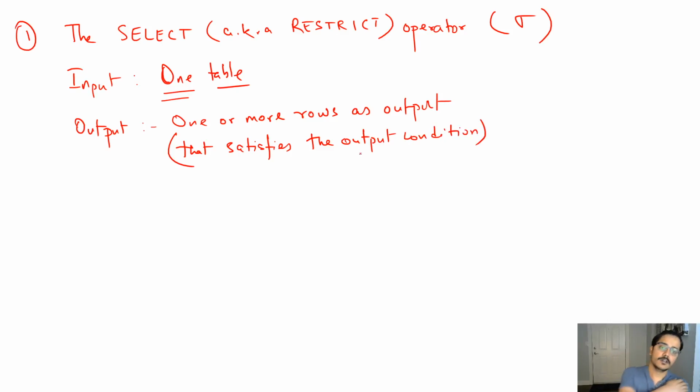Okay. So of course, the reason why I wrote that satisfies the output condition within the brackets is because you may or may not specify a condition. You don't necessarily have to specify a condition.